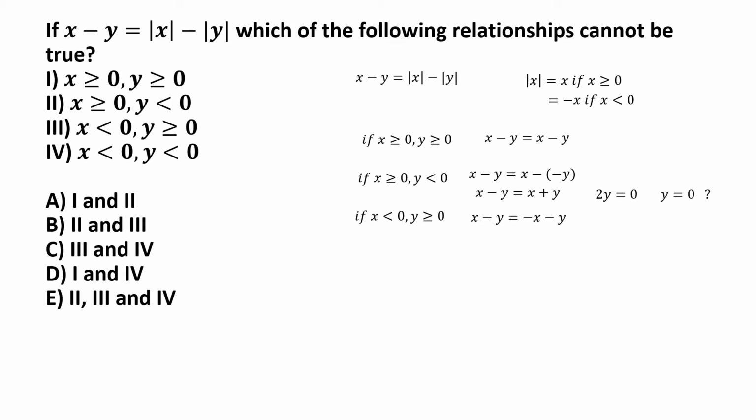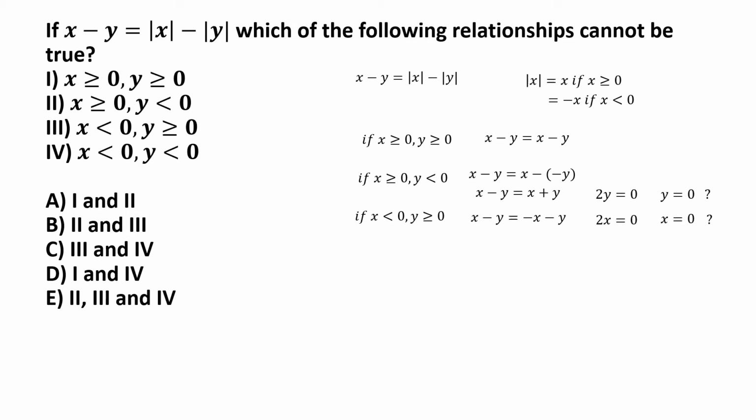And then if we again solve this equation, we basically have minus y cancelling out from both sides, and we are left with 2x equal to 0, which implies x equal to 0. And again, this contradicts our initial assumption of the domain, which assumed that x is less than 0.